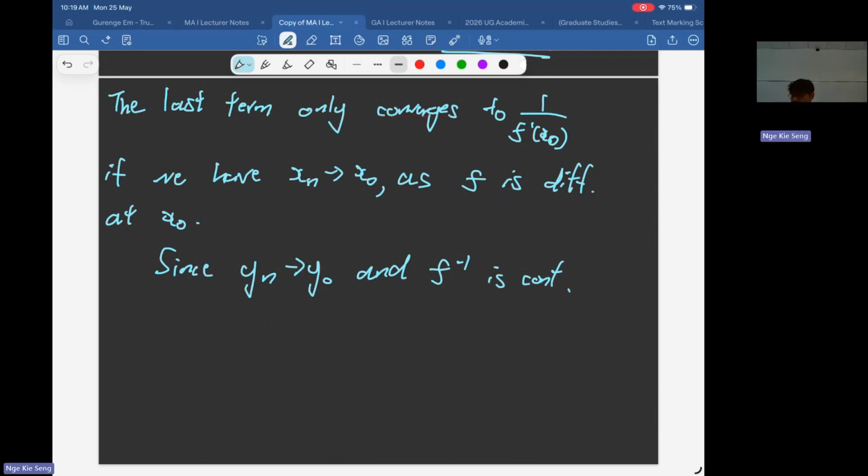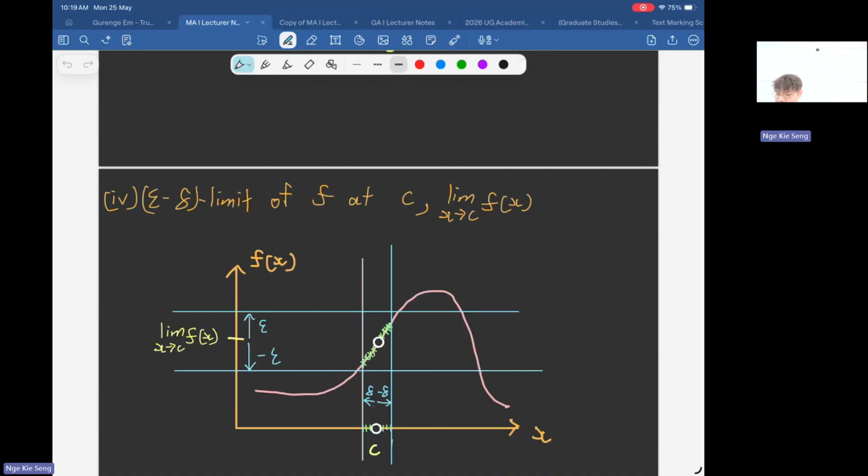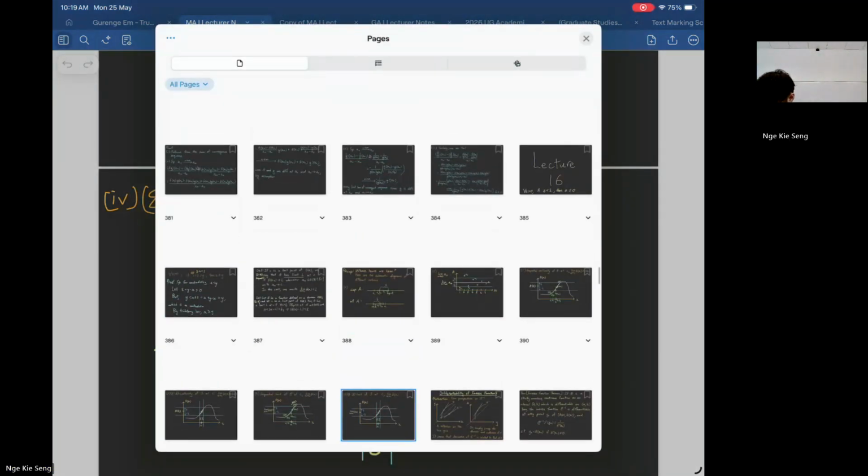Maybe we can try and recall why f inverse is continuous. What do we need for f inverse to be continuous?